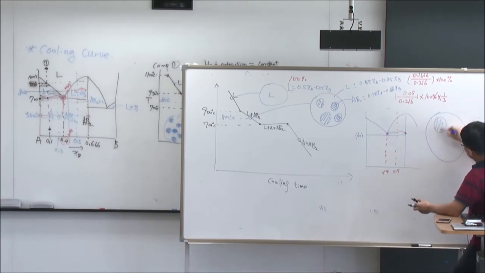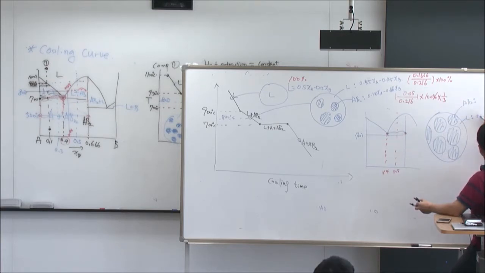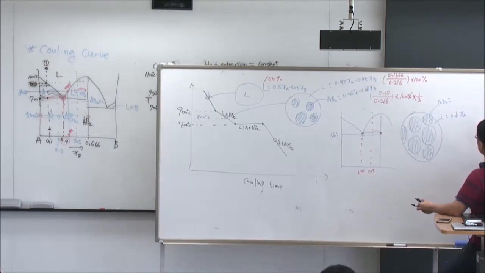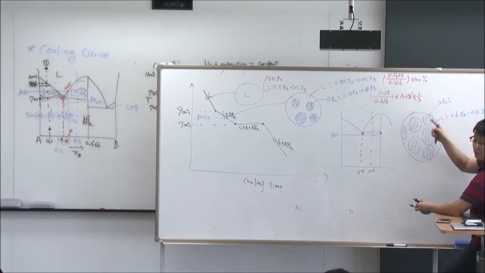So this is AB2 and this is liquid phase. And the composition of this is now 0.6 XA, 0.4 XB, and the composition of this one is 0.66 XB and 0.33 XA.